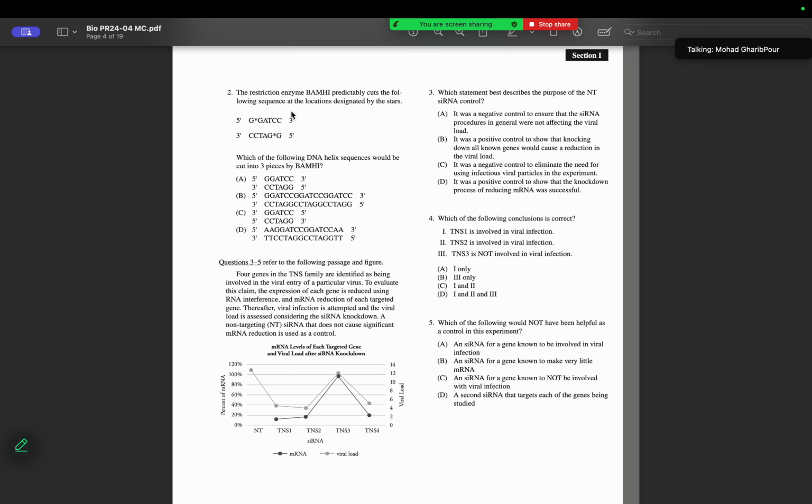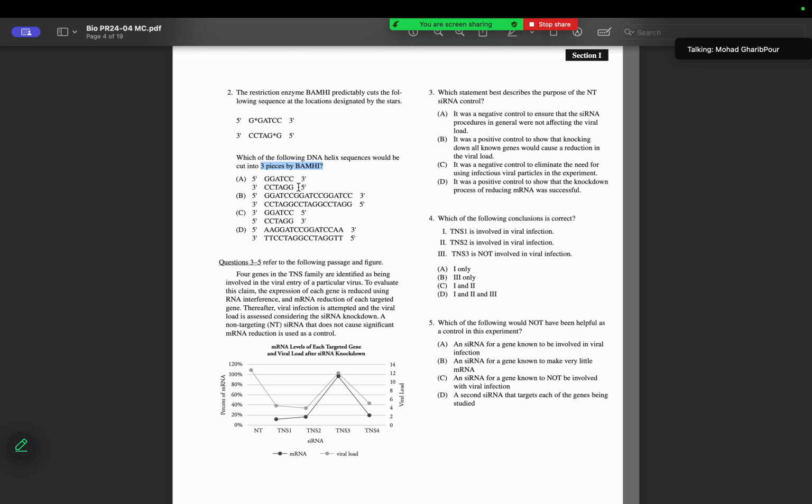So you're just checking for the sequence, right? So you want one that you cut into 3 pieces.